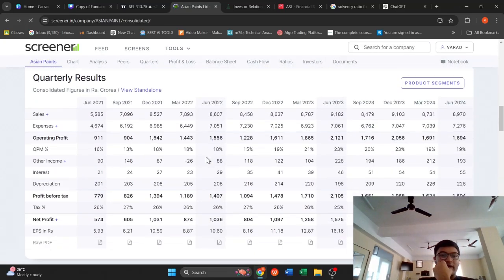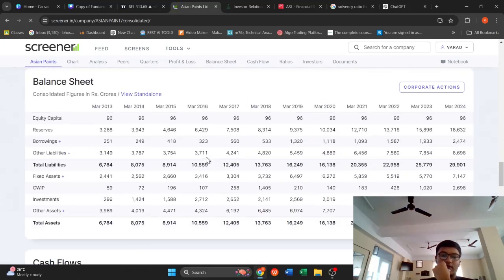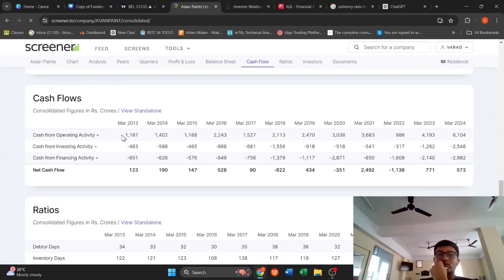Let's see the cash from operating activities chart here. Again, they are also not consistent. But where exactly they're using the money, that is quite interesting.